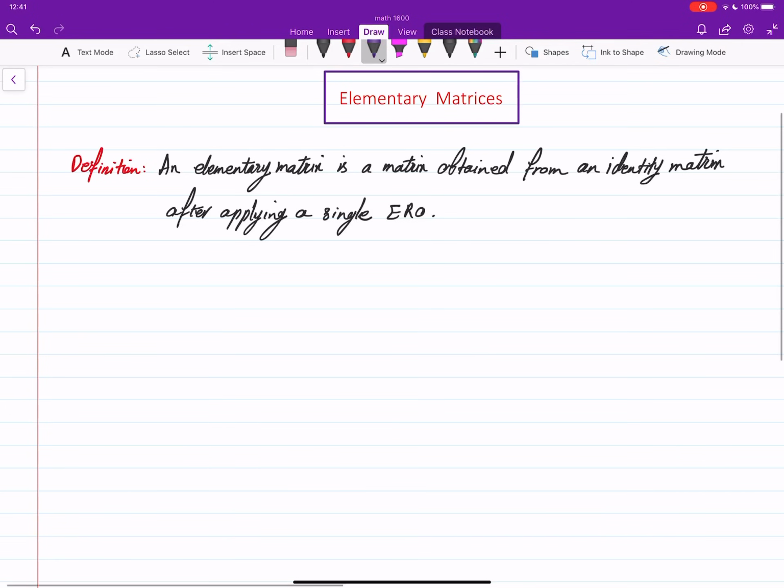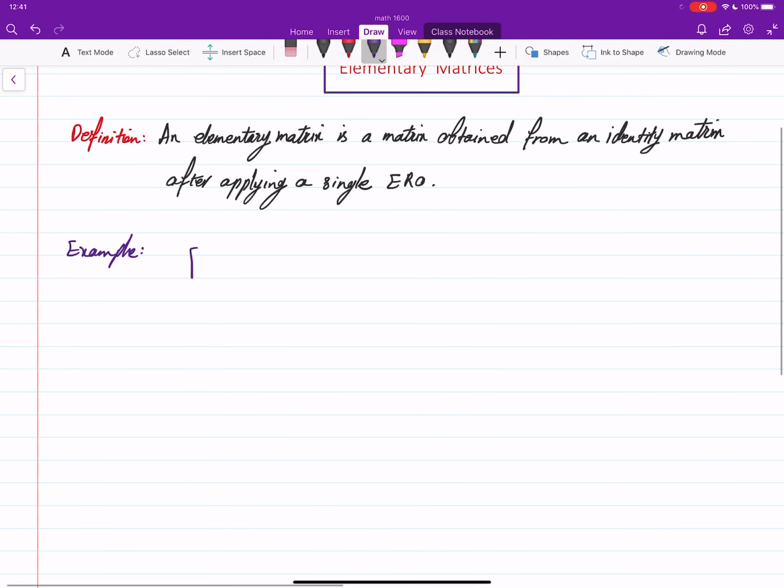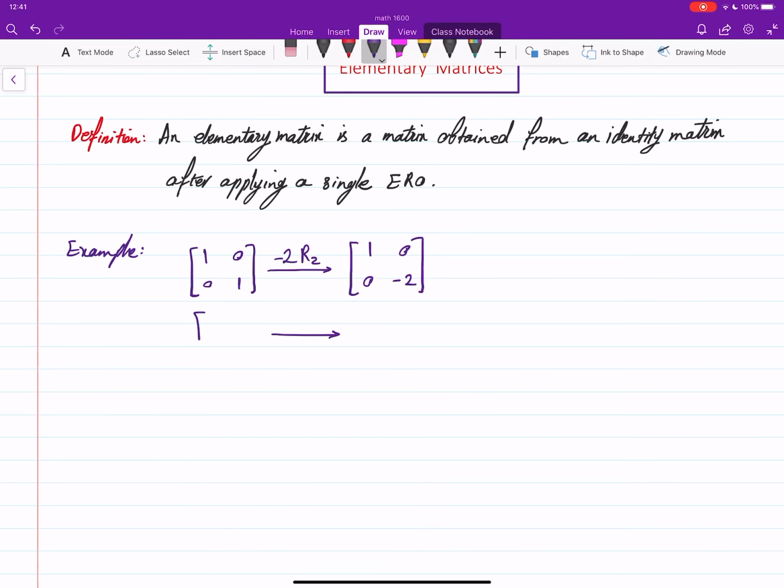Well, for example, if we have a 2 by 2 identity matrix, we can apply any row operations you like. For example, we can multiply row 2 by negative 2. Then we will have 1, 0, 0, negative 2. Or we can interchange row 1 and row 2.